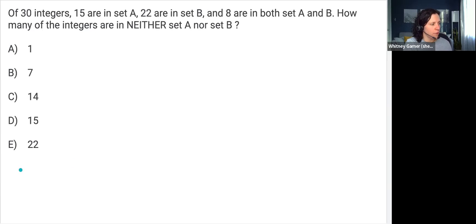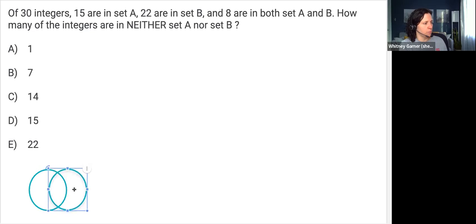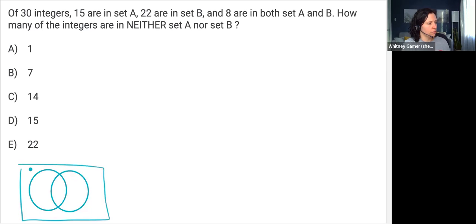If I remind myself of a Venn diagram where I've got group A and group B, and then I've got the box around it. So this is my group A, this is my group B, this guy in the middle, this is both.